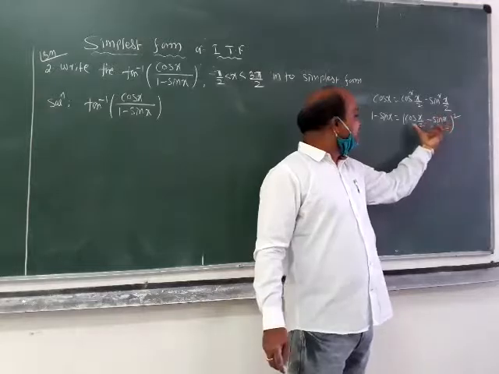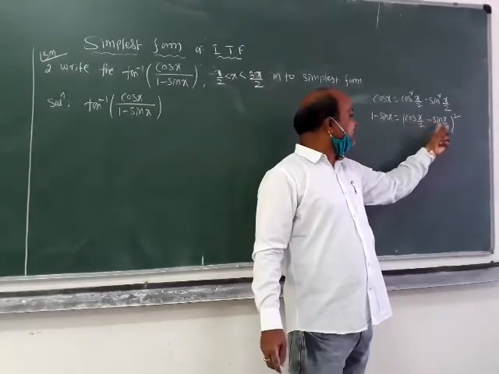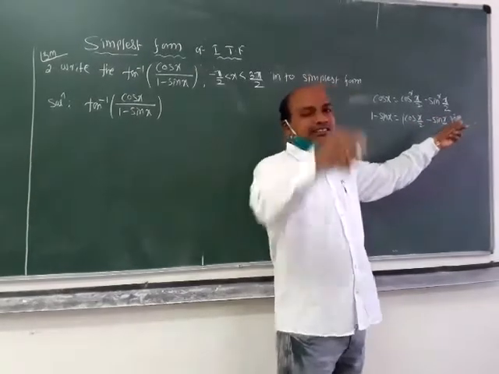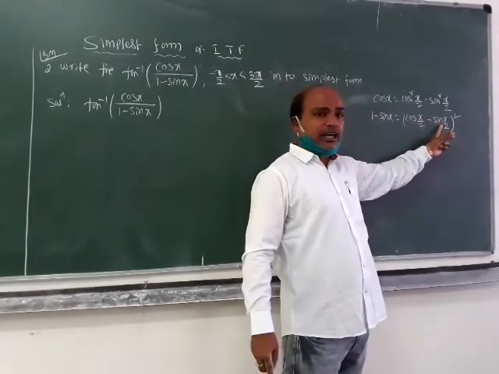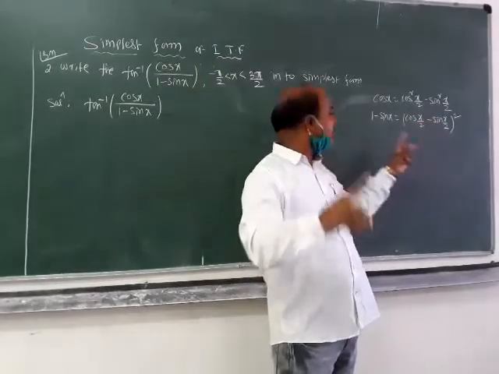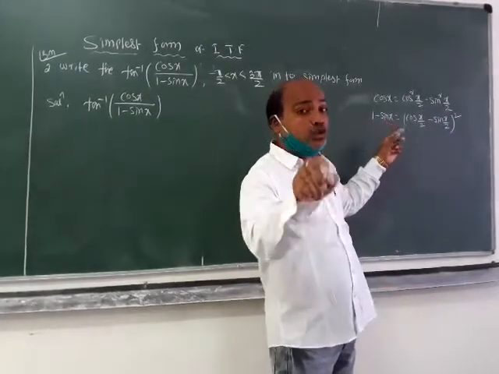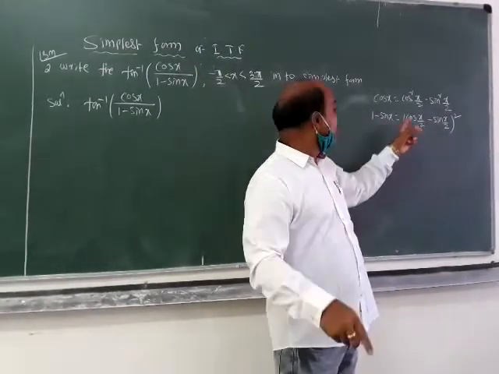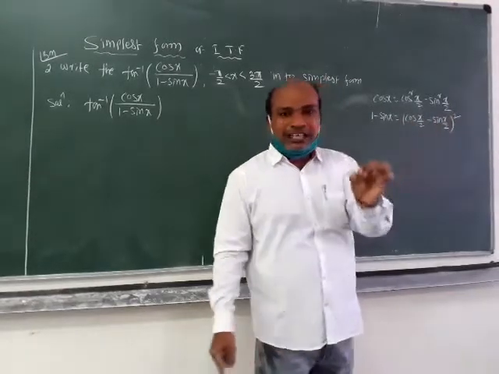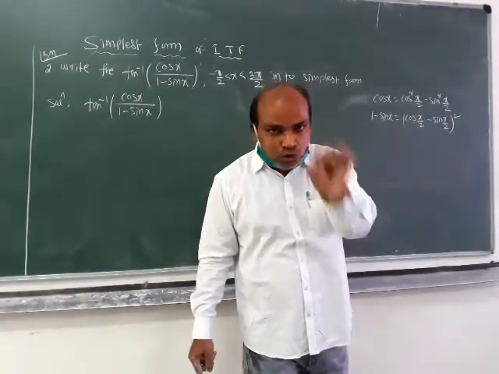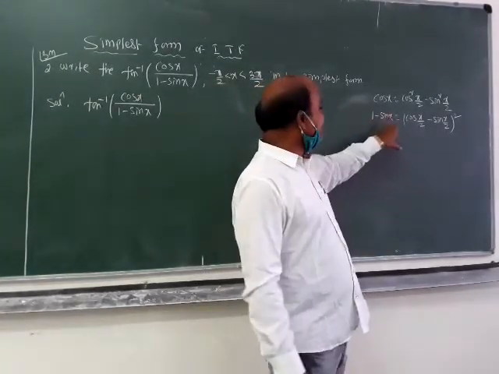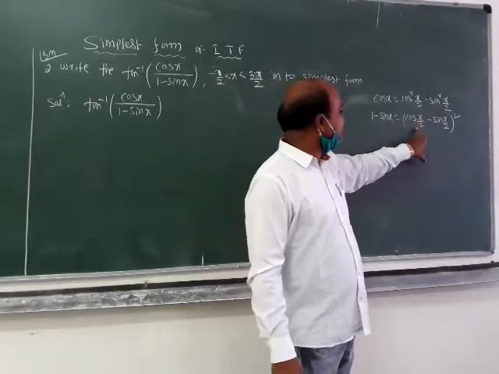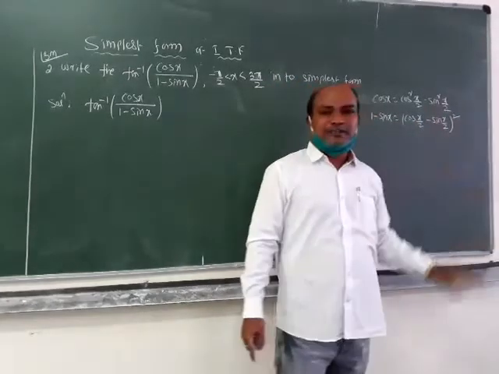Just see that in the RHS, the a minus b whole square formula: a square plus b square means 1, then minus 2ab, that is 2 sin x by 2 into cos x by 2, which means sin x. So the 1 minus sin x formula is cos x by 2 minus sin x by 2 whole square.